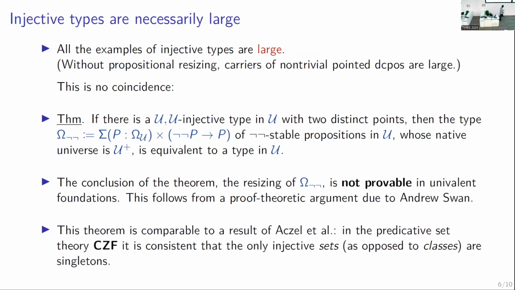And also it ties in with a result due to Peter Aczel and Benno van den Berg and two other people, that if you have the predicative set theory CZF, then it's consistent that the only injective sets are singletons. But really the paradox here is that we have examples of injectives, but also it should be consistent that there are no interesting ones. It's really just a distinction between a set and a class, right? So as soon as you allow yourself to go up, you can have examples.